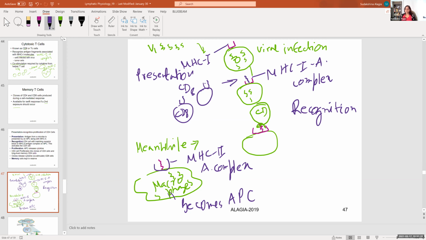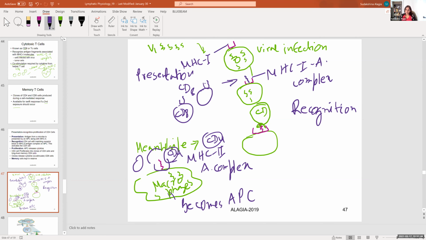Same thing, one by one, CD4 cells will try to bind to this, because that's what they recognize, MHC2 with antigen. One by one, CD4 cells try to bind. No, not a match. No, not a match. No, not a match. Yes, match.